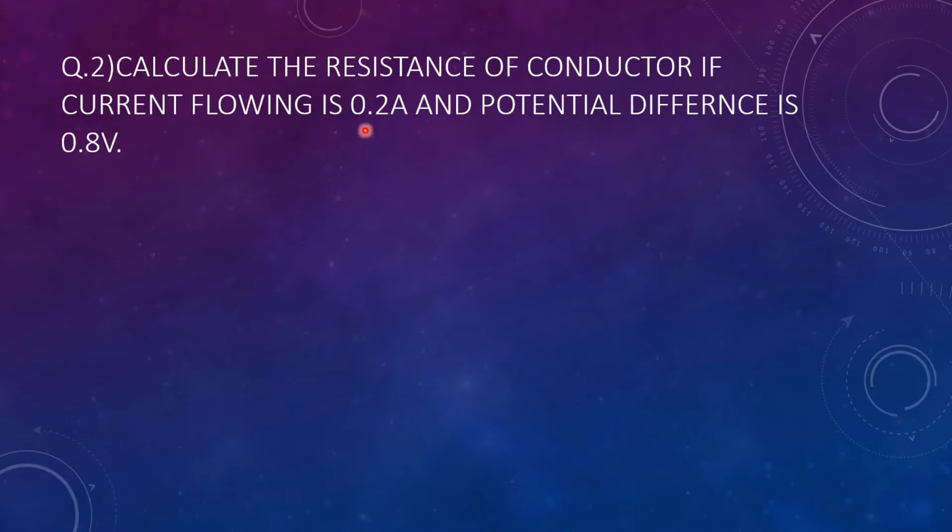Current I is given and potential difference V is also given. Again we'll write the values which are given and the values which we have to find. R not there, I 0.2 ampere, potential difference 0.8 volt, and the relation between these is R equal to V upon I.